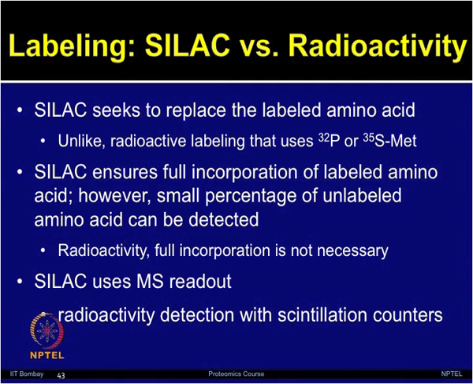However, a small percentage of unlabeled amino acids can be detected. In radioactivity based labeling, the full incorporation is not necessary. In SILAC, one can read out the signals by using mass spectrometers, whereas radioactivity detection is possible by using scintillation counters or by registering the films for the signal intensity.